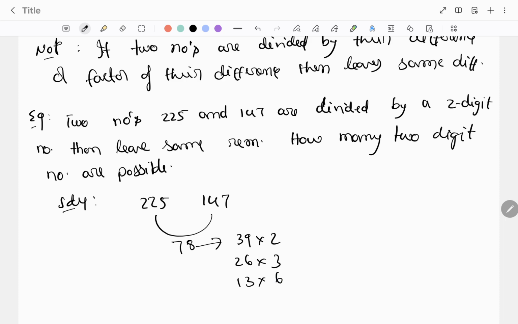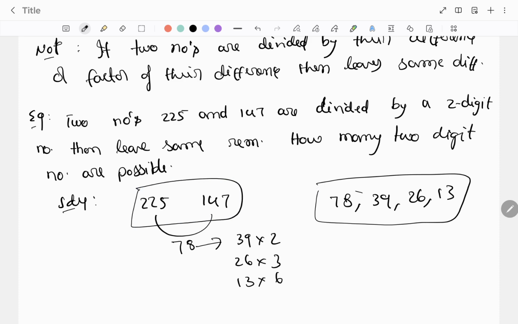So the numbers are 78, 39, 26 and 13. If you divide both numbers by these, they will leave the same remainder. We should not take 2, 3, 6 because they are asking about a 2-digit number. So how many possibilities are there? 4 possibilities. If you want, you can check 78 as well.